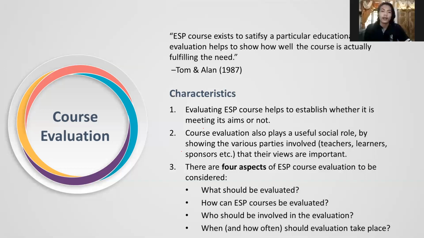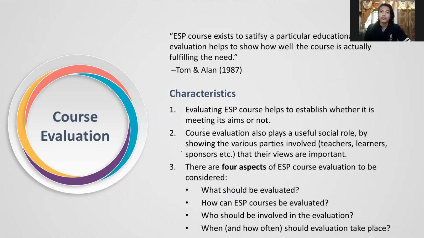Okay. Thank you for the explanation about evaluation part A. And then we go to the second part of evaluation, that is course evaluation. According to Tom and Allen in 1987, ESP courses exist to satisfy a particular educational need. Evaluation helps to show how well the course is actually fulfilling the need.